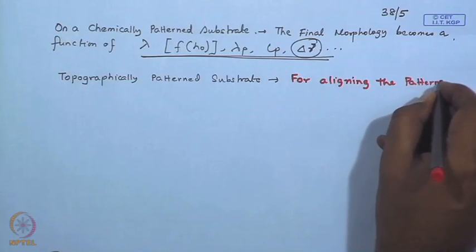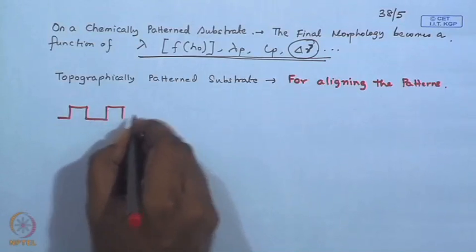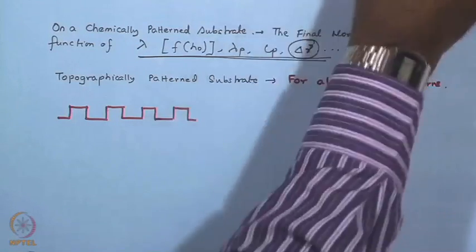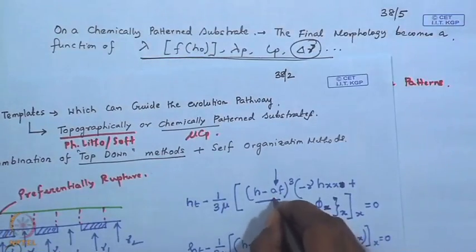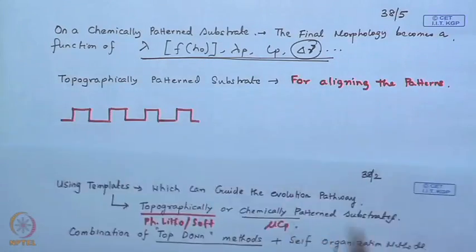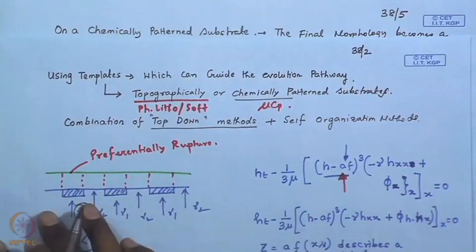So, we all understand what a topographically patterned substrate is. It is something like this. In principle, the moment you use a topographically patterned substrate, it is this particular term that becomes very important. Now the film thickness varies, theoretically, along the length.